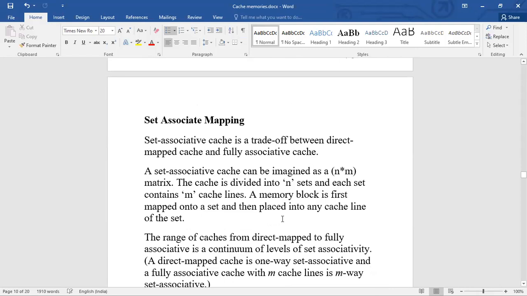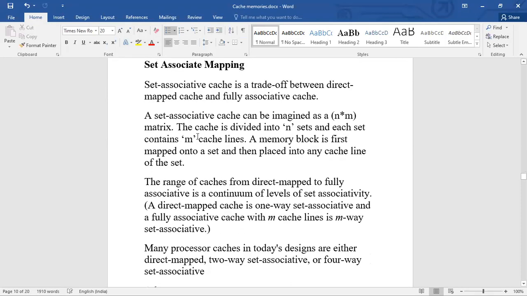And the third one is set associative mapping. Compared to associative mapping, this is also the same, but there is a small difference between them. A set associative cache can be imagined as an n by m matrix.